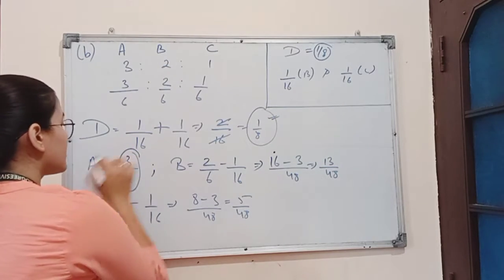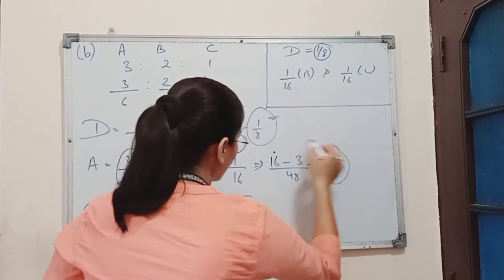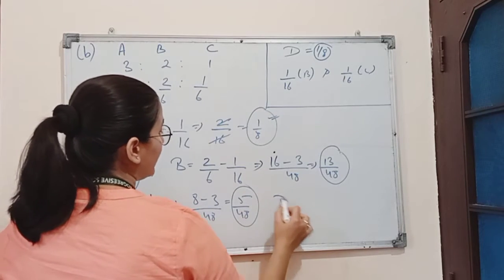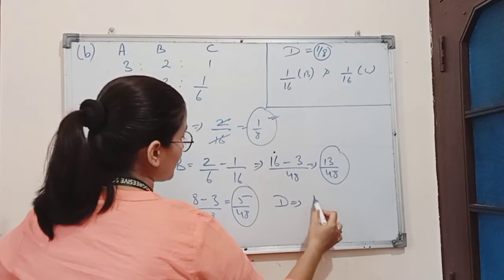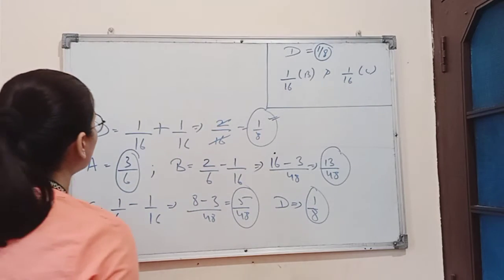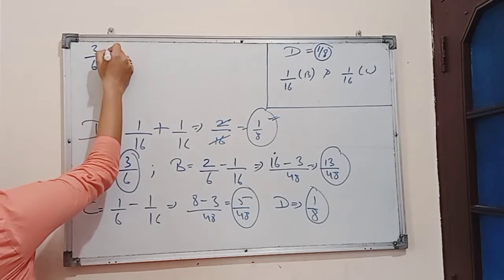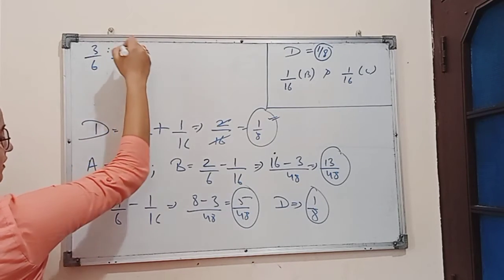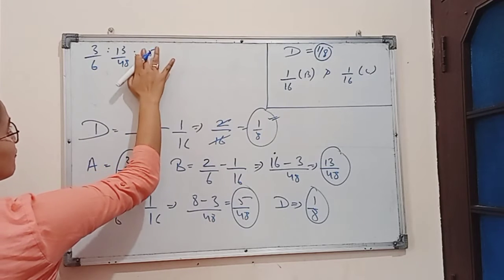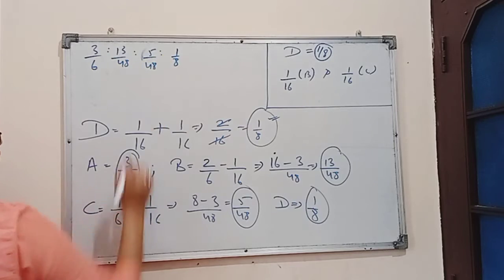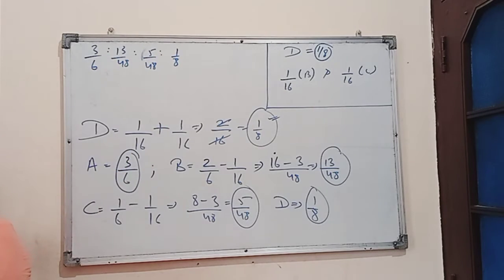So A's share is 3 by 6, B's share is 13 by 48, C's share is 5 by 48 and D's share is already given, which is 1 by 8. So with this we can conclude that A's share will be 3 by 6, B 13 by 48, then 5 by 48 and 1 by 8. So if we take the LCM here, LCM is 48.